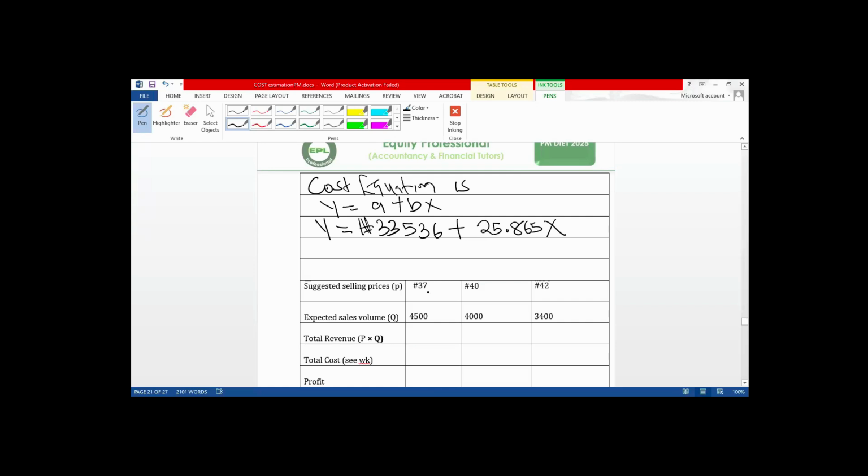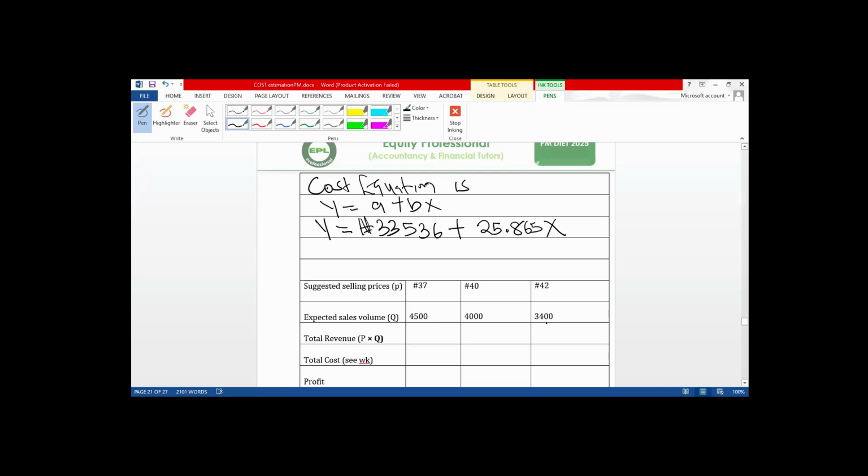If the price is 37 naira, the volume is 4,500. If the price is 40 naira, the volume is 4,000 units. If the price is 42 naira, the volume is 3,400.